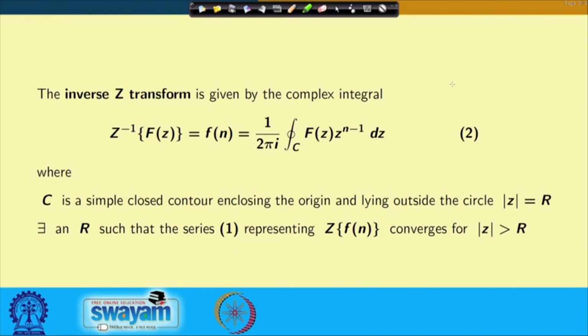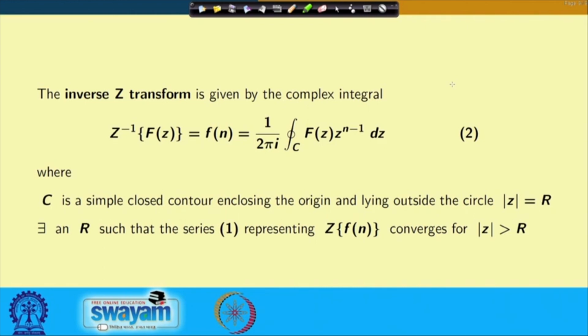Of course, here the factor is z to the power n minus 1 and c is a simple closed contour enclosing the origin and lying outside the circle modulus of z equals r.